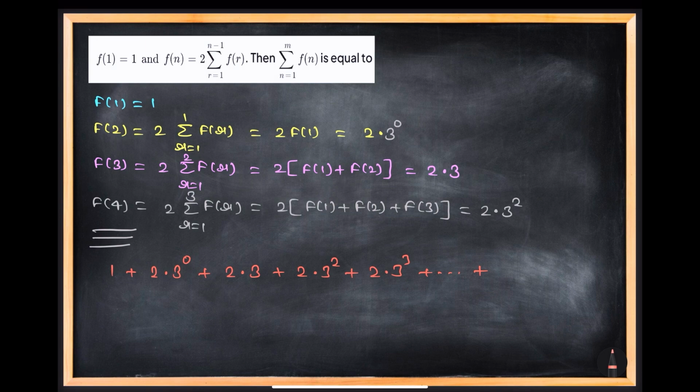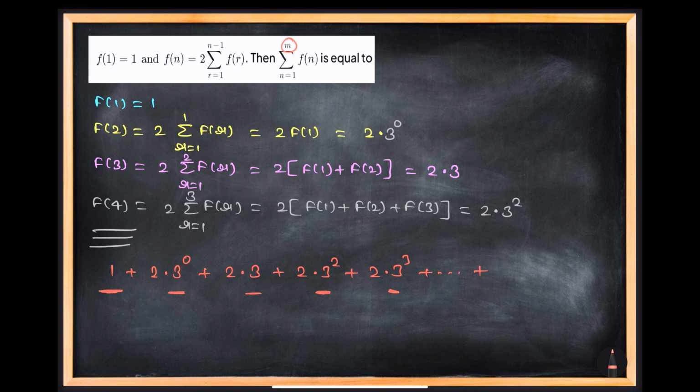First term, like we have to go till m. So look at this. We have the last number is m. It is minus 1, it is 0, it is 1, it is 2.